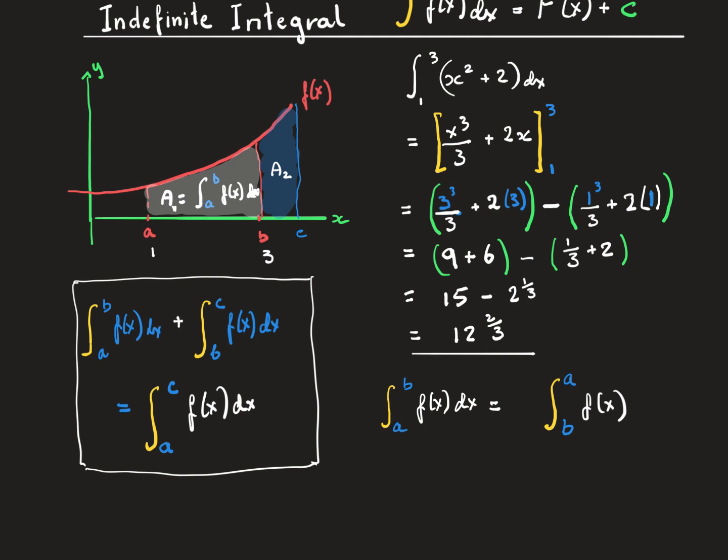One is the negative of the other. And this is another property of definite integrals. I'll give you more examples of these properties, using the properties, in my next video.